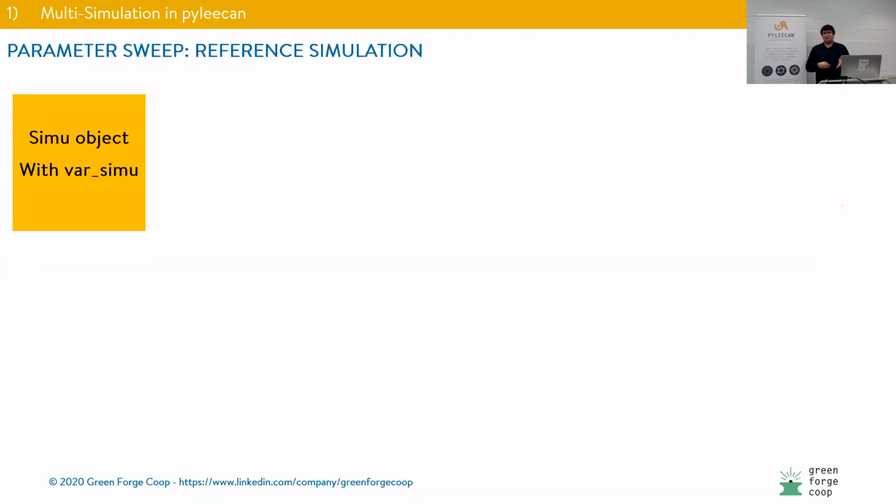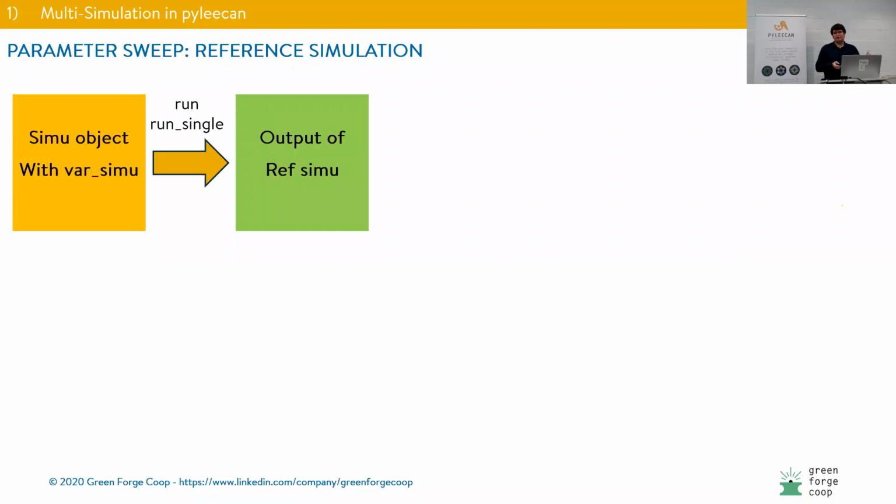So now about the workflow: what is going on when you click run on this kind of simulation? First, we have the simu object with the var_simu property set with the VarParam object that we've just defined. We call run, which calls the run_single and all the models of the reference simulation, and we'll have the reference output.